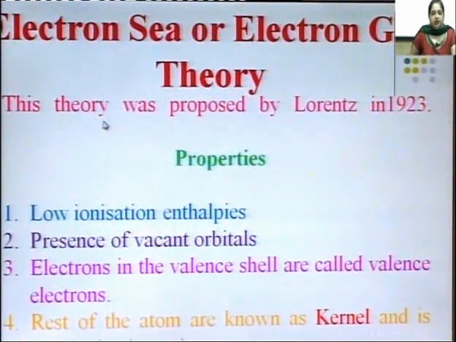Electron sea or electron gas theory. This theory was proposed by Lawrence in 1923. Properties: first, low ionization energies. Second, presence of vacant orbitals. Third, electrons in the valence shell are called valence electrons.